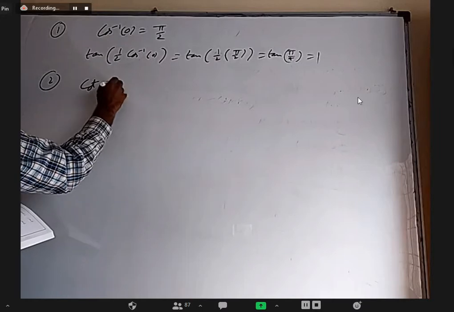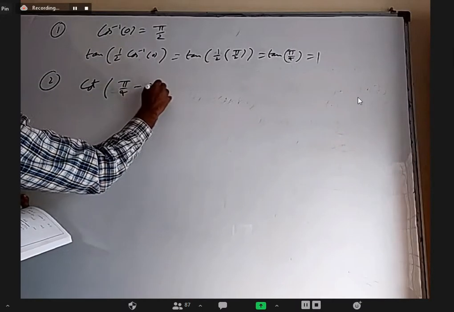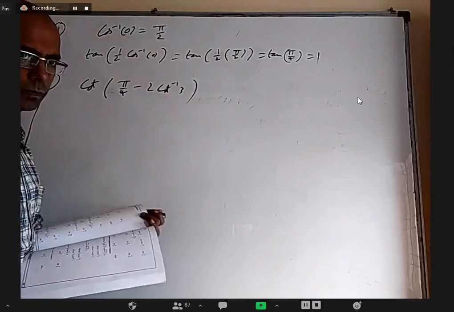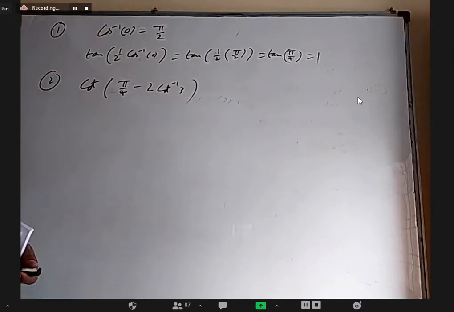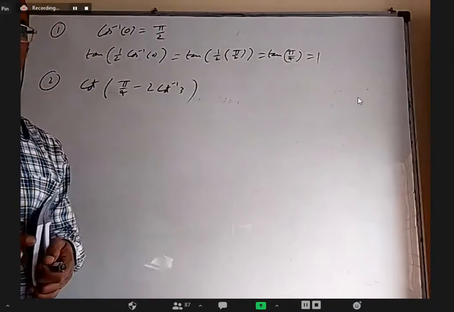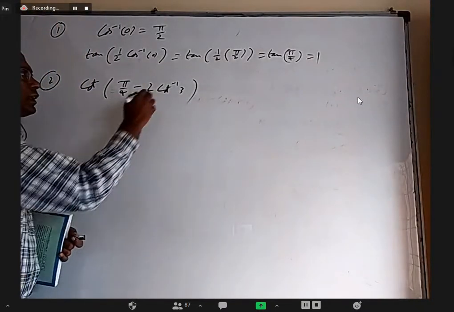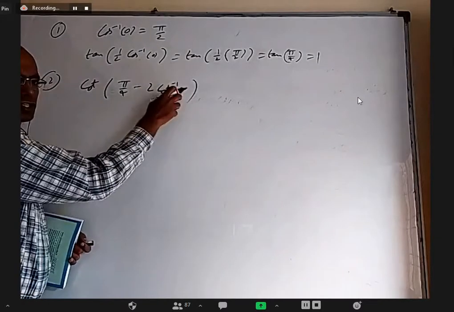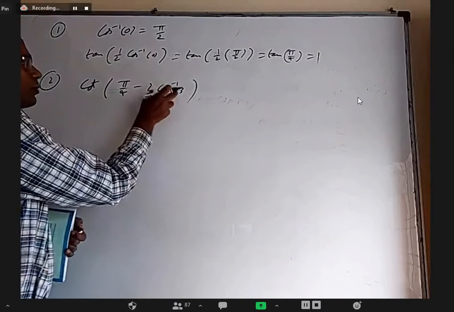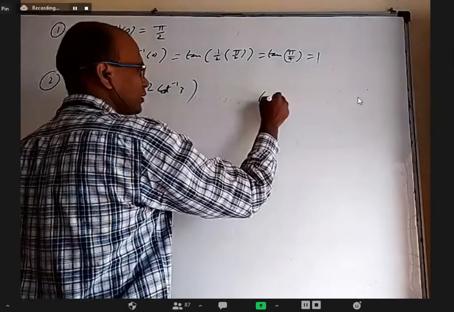Cot of pi by 4 minus 2 cot inverse 3. Okay, one thing, listen, anytime in inverse trigonometry you don't know how to do something, then very simple, wherever inverse is there, you assume that as theta or A or B or something. For example, I'm going to take cot inverse 3 as theta here.